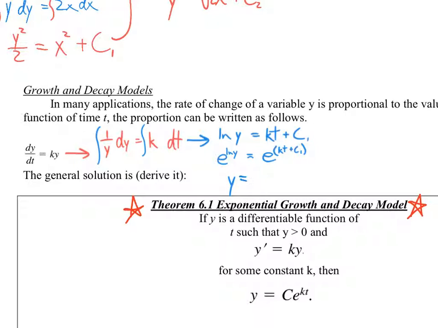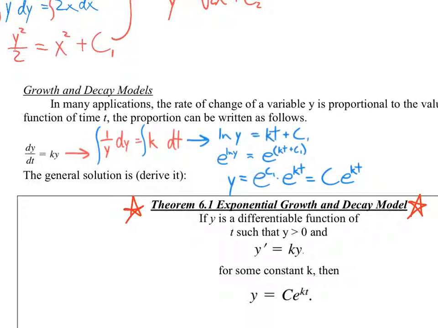So y equals e to the kt plus c1. I'm going to separate that and make that e to the c1 times e to the kt power. Now, e to the c1 is just a constant, right? So I'm just going to call that a regular old c, and I have c times e to the kt.